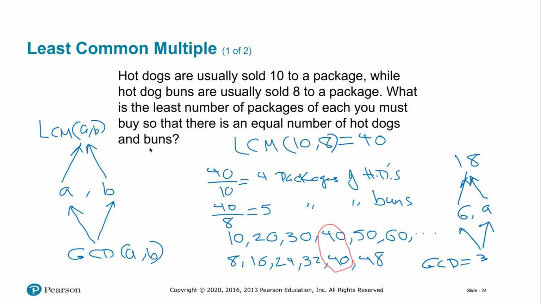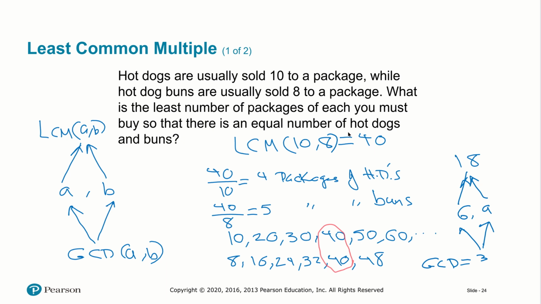And this is a perfect example of where the least common multiple comes into play in mathematics. So notice 4 packages of 10 hot dogs will give me 40 hot dogs, and 5 packages of 8 buns will give me 40 buns, so that then I'll have what? The exact same number of hot dogs and buns. And that's the least number of packages where this will happen.